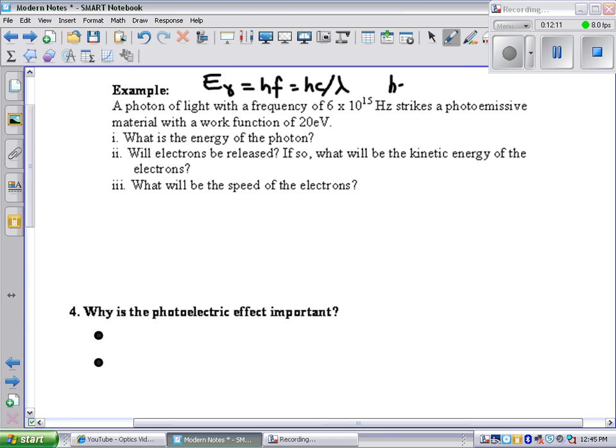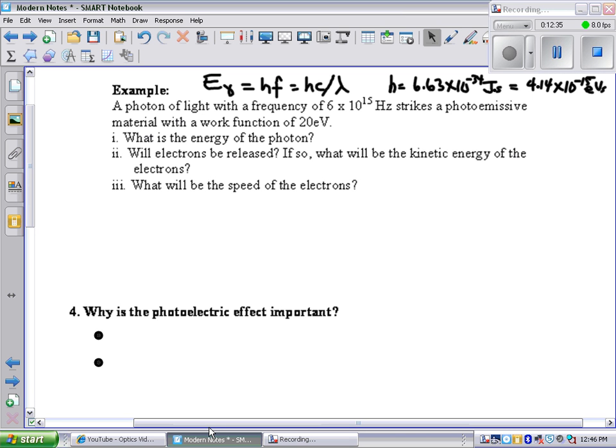And h is 6.63 times 10 to the minus 34th joule seconds, or 4.14 times 10 to the minus 15th eV seconds. We're going to use one or the other version depending on what units we want in the problem.